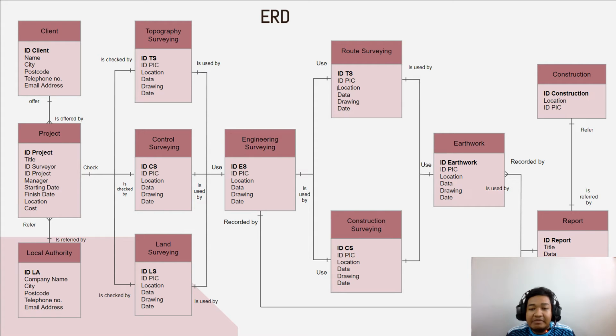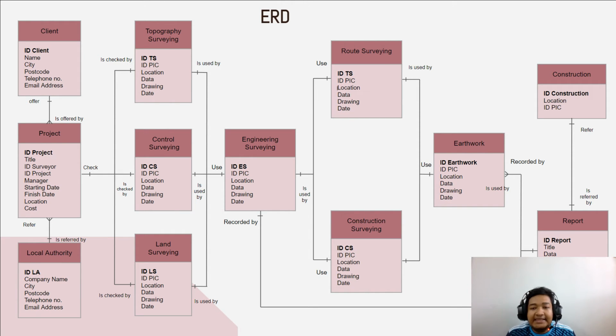A client may not offer any project, which means 0. A client may offer a project, which means one. And a client may offer 2 or more projects. So the maximum number of projects a client can offer is 2 or more, which means a client can offer many projects. The same goes for the relationship between project and client: many projects are offered by a client.